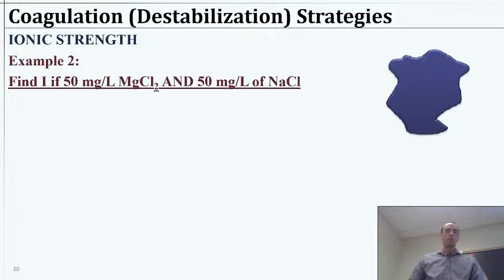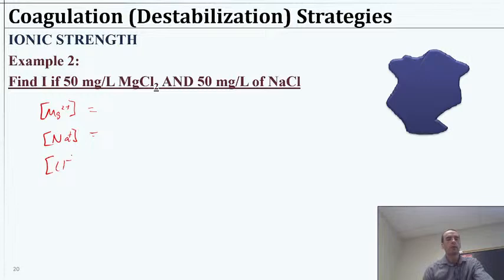Another example you could consider is that maybe you have 2 sources of chloride, so magnesium chloride and sodium chloride. In this case you would get magnesium, you'd get sodium, and from both of them you're getting chloride, so the combined you'd have 1 value of chloride concentration.